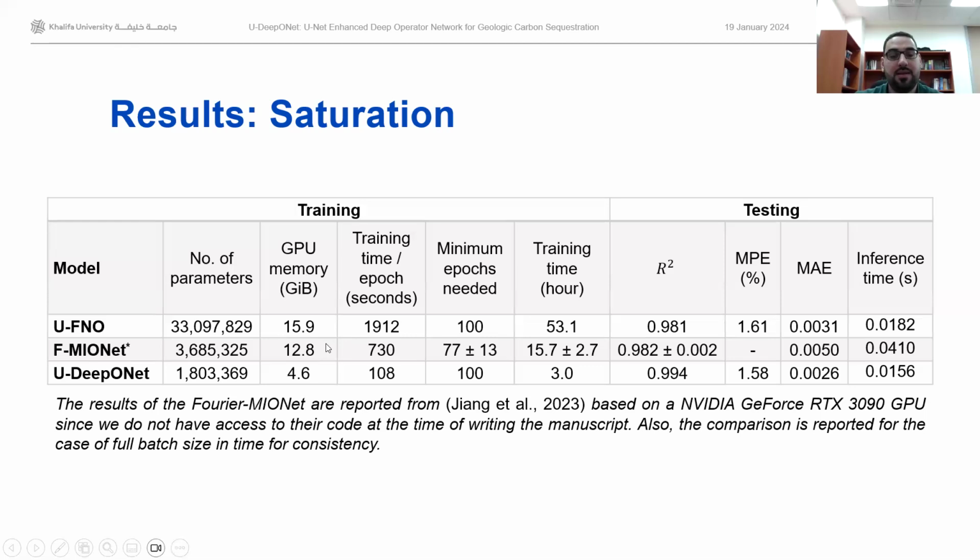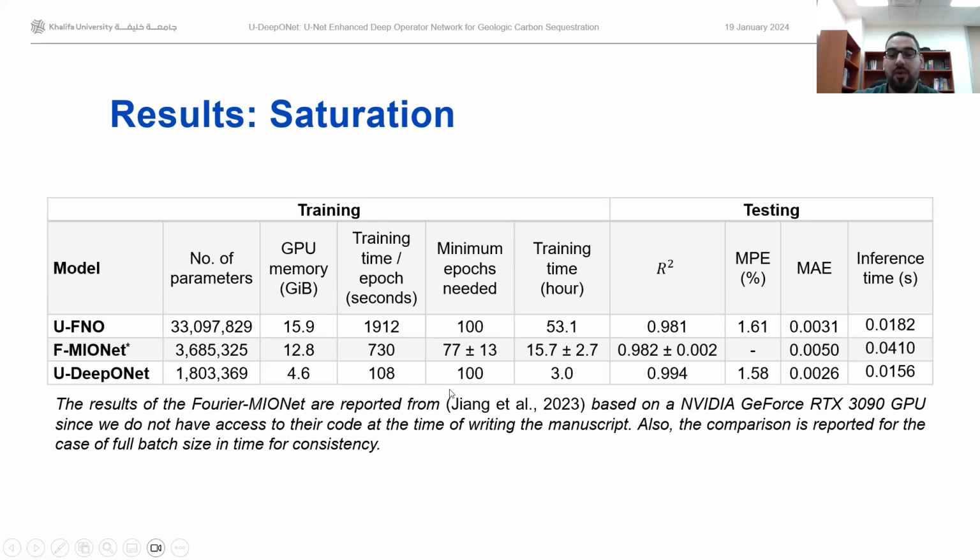That's one of the features of the U-DeepONet, that it is a very light model. And this contributes to a very low training time per epoch. As you can see here, the UFNO takes about 2,000 seconds per epoch to train, while the Fourier MIONet takes about 730, and the U-DeepONet only takes about 100 seconds.